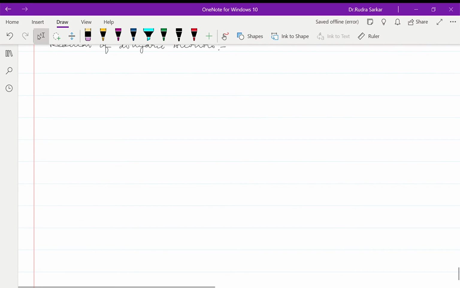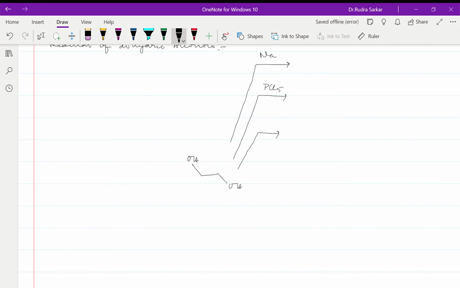So again, I have given you ethane 1,2-diol in the center, and I am asking you similar questions that I have asked before. Sodium, PCl5 individually. Now you are adding these reagents to monohydric alcohols. Now you are adding to dihydric alcohols. We have PBr3.